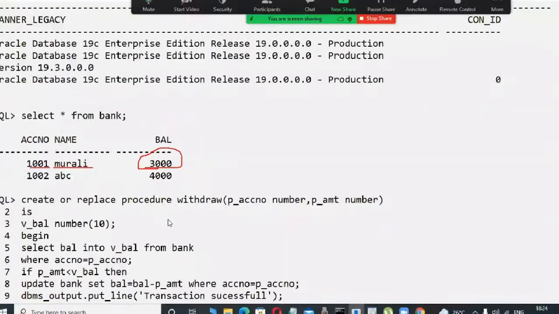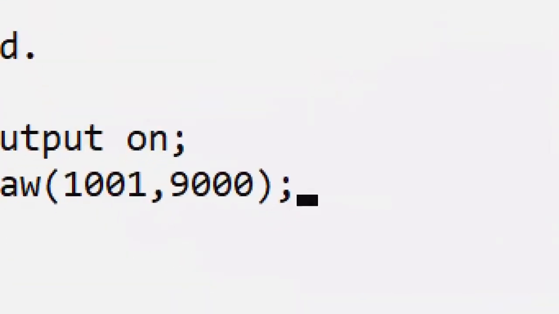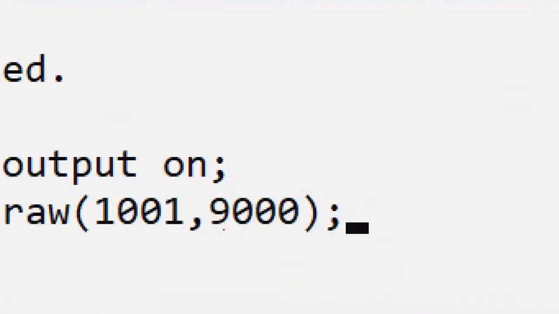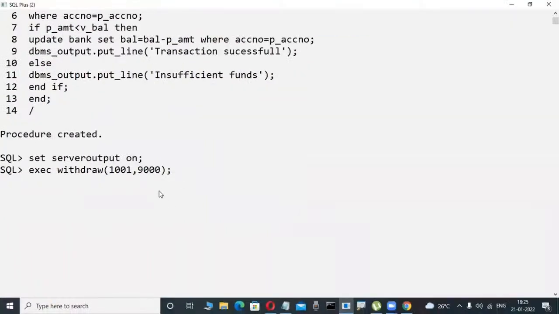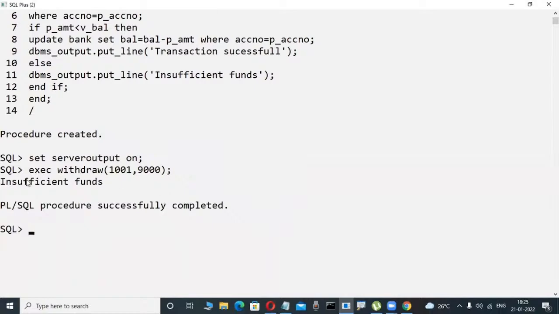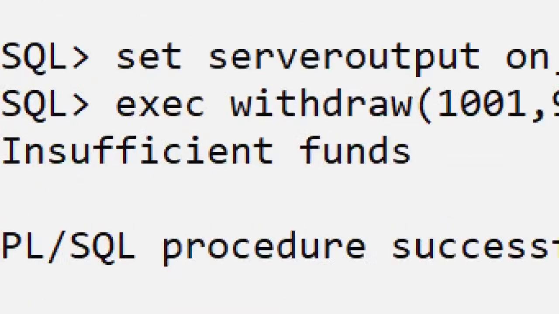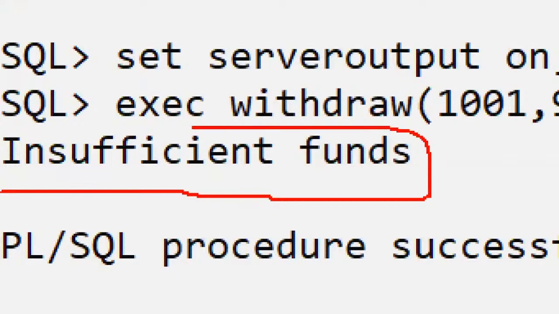Now I try to withdraw 9,000. Is it possible? No. So now it will display the message insufficient funds.